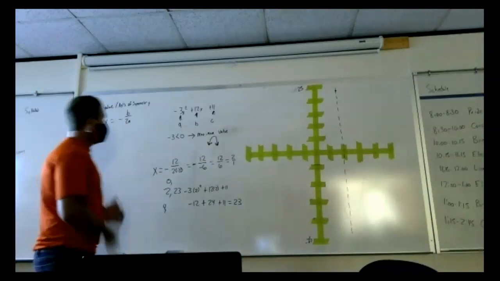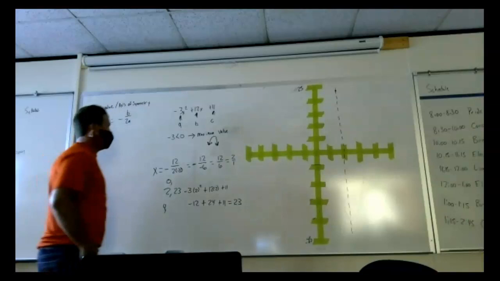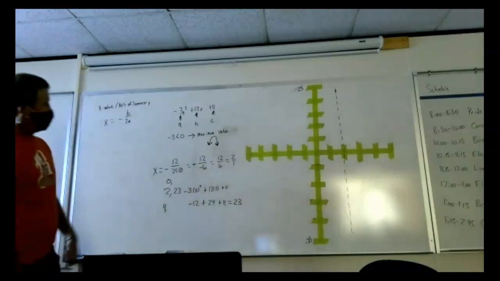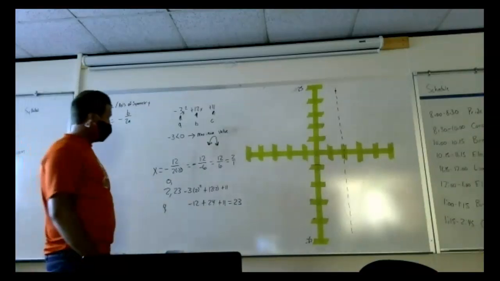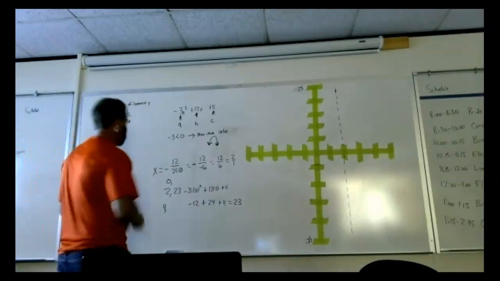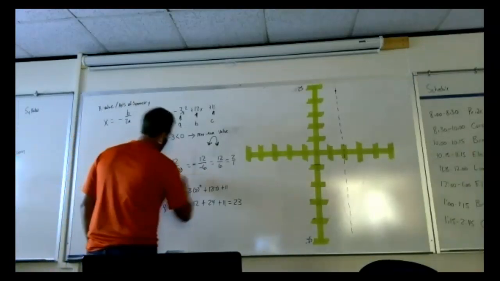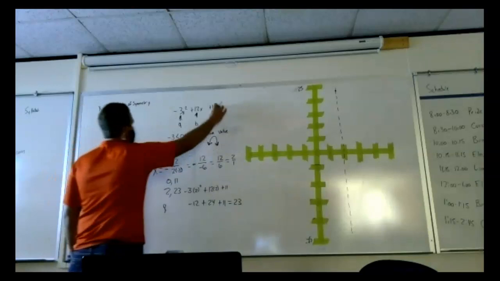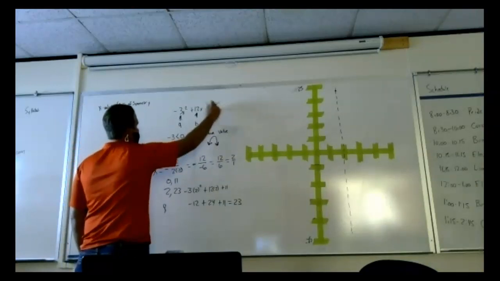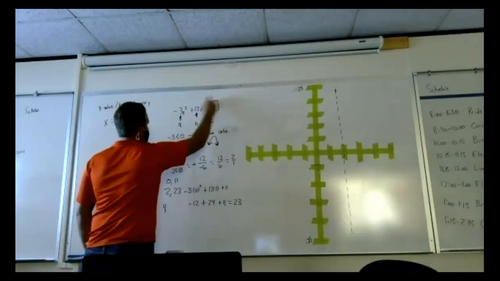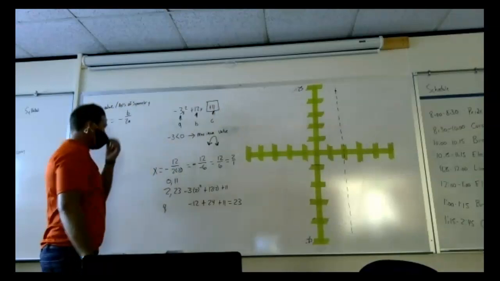Okay, so negative 3 times 0 squared is 0, plus 12 times 0 is still 0, plus 11. So my y-intercept is 11, and you can see that it is also my value of c. The constant will always be the y-intercept.